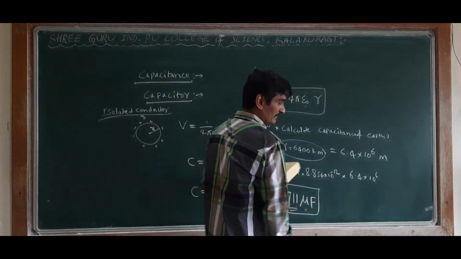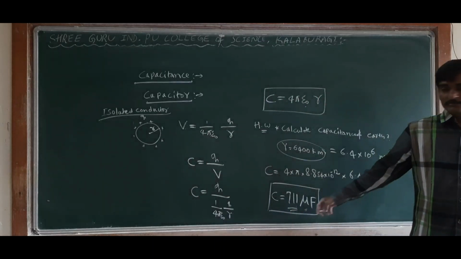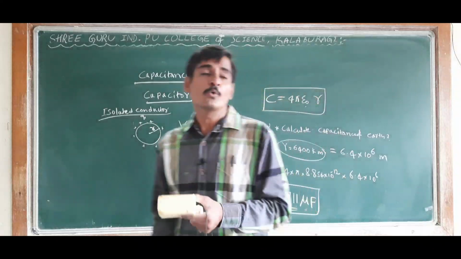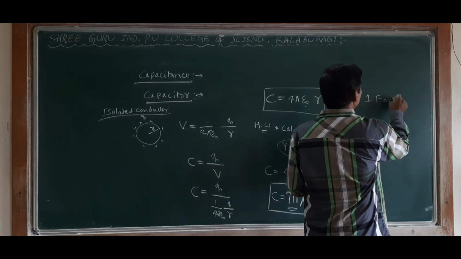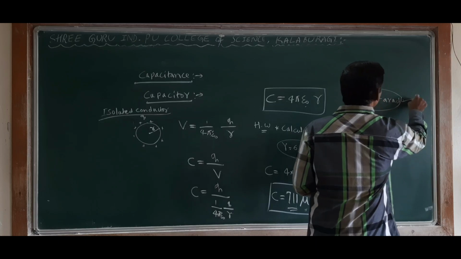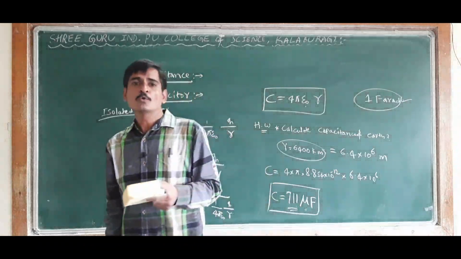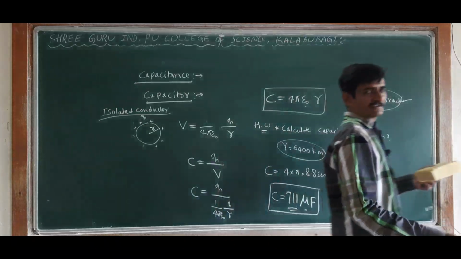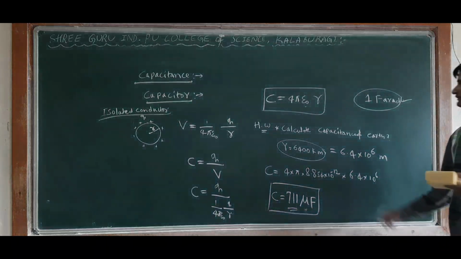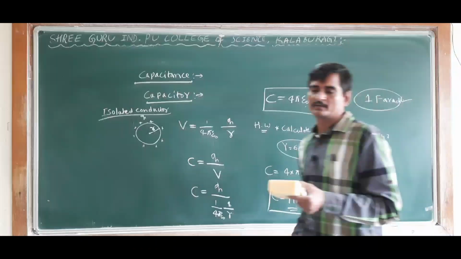Microfarad is very small, actually. 1 farad is a very large value. 1 farad capacitance means a very large value of capacity. So understand this concept.